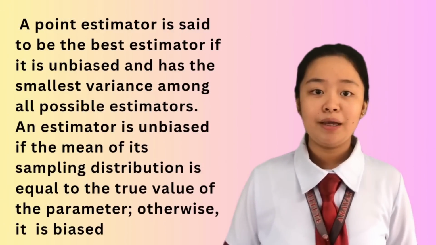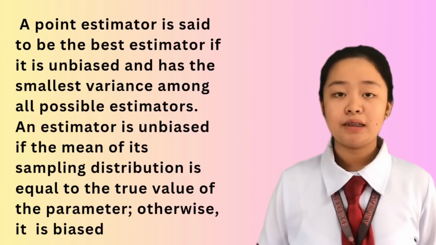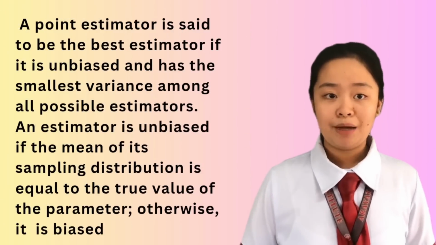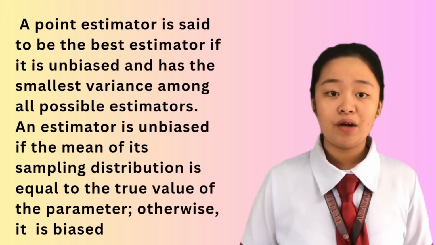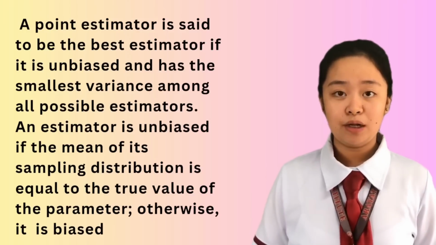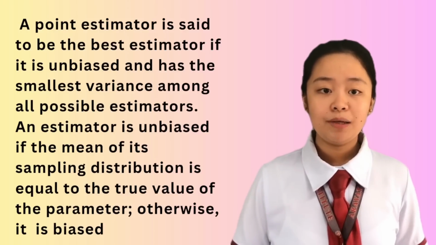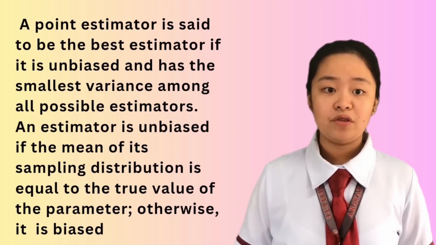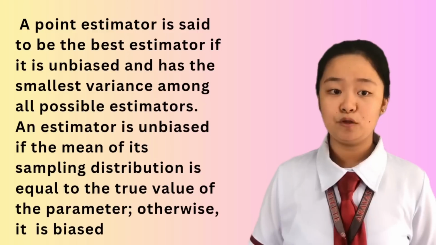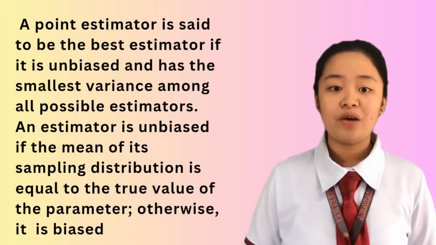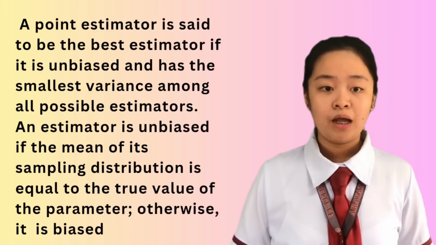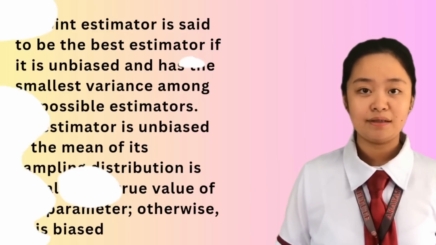A point estimator is said to be the best estimator if it is unbiased and has the smallest variance among all possible estimators. An estimator is unbiased if the mean of its sampling distribution is equal to the true value of the parameter, otherwise it is biased.